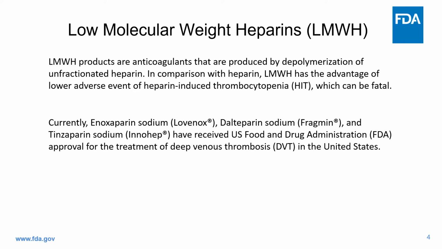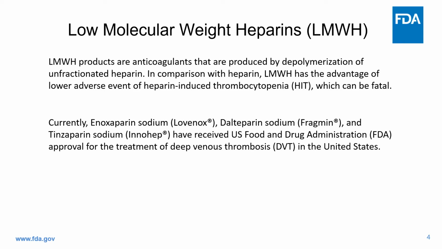Heparin is a complex, naturally occurring polysaccharide found in certain animal species. Its backbone consists of repeating disaccharide building blocks. In comparison with the unfractionated heparin, low molecular weight heparin has the advantage of lower adverse event rate of heparin-induced thrombocytopenia, which can be fatal.